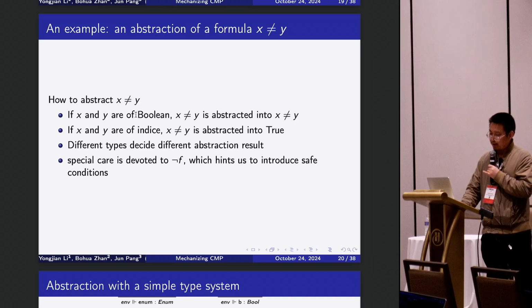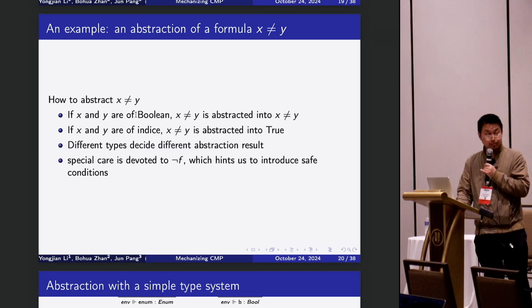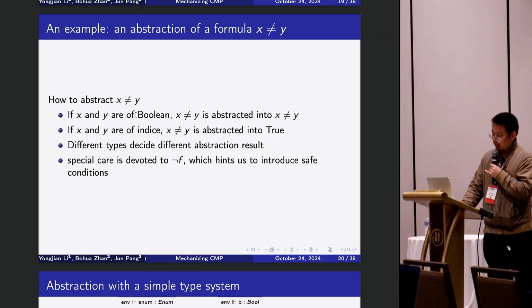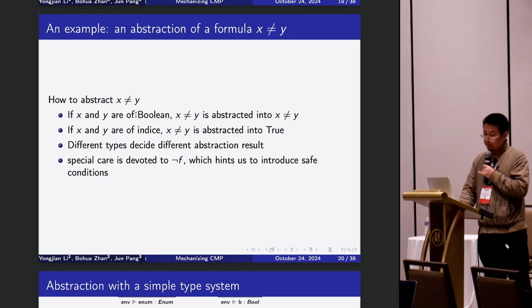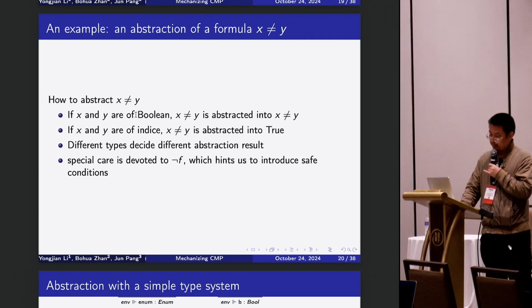So different types decide different abstraction results, and especially we should pay attention to the negation of a formula, for which we introduce the safe conditions of a formula.